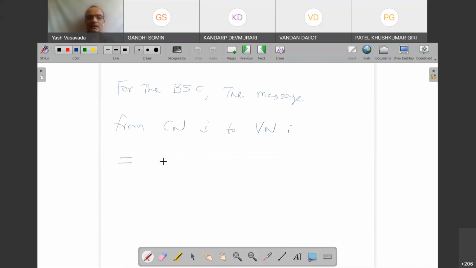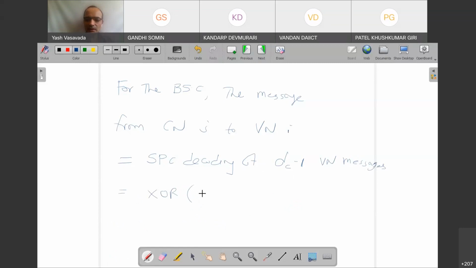The CN is an SPC code, and so it will just do SPC decoding of dc minus 1 VN messages, which is nothing but XOR.